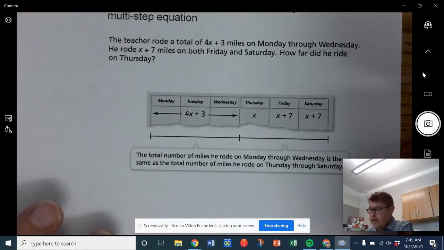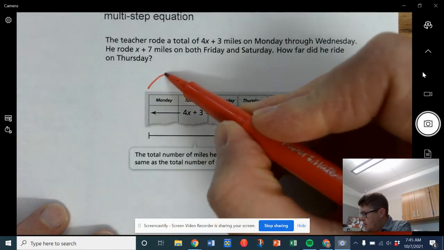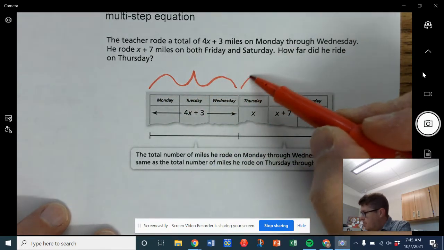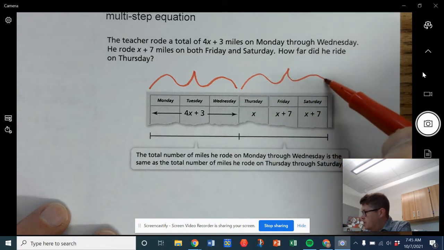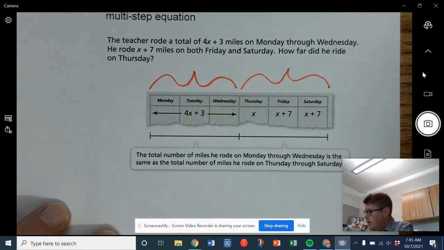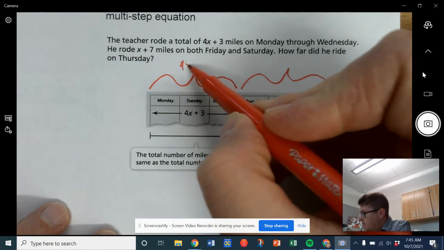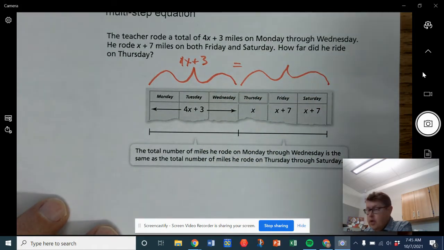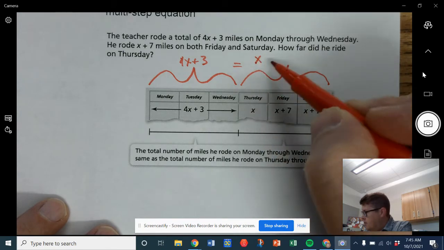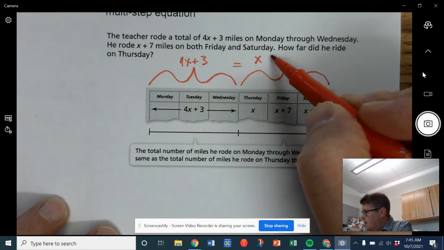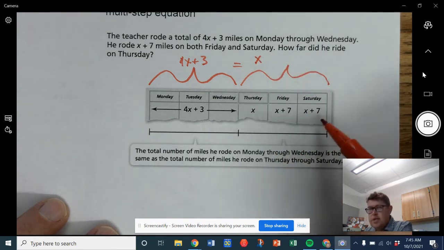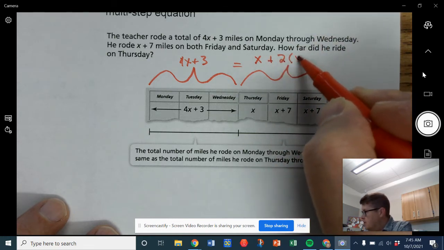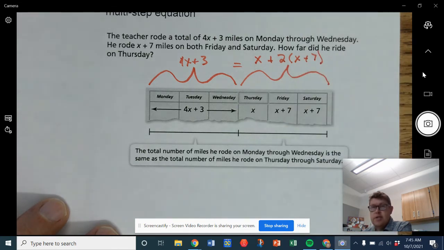So the idea is that this group here, Monday, Tuesday, and Wednesday, is going to be the same as this group here combined, okay? So we have this 4x plus 3, and it's equal to x from Thursday, and then 2 of these, which are the same, which we can just say 2 times x plus 7.